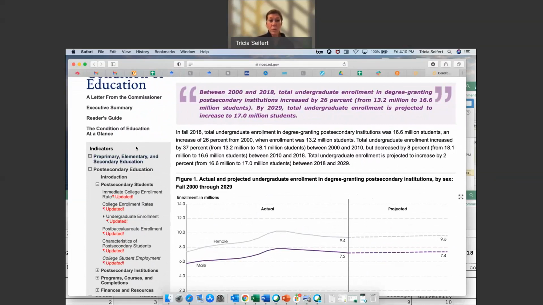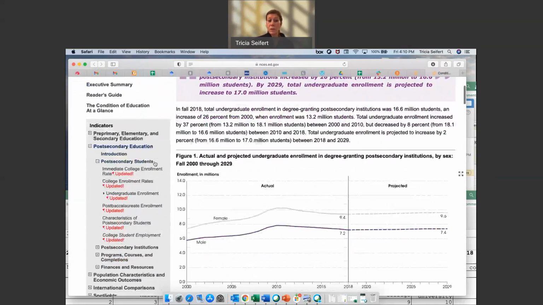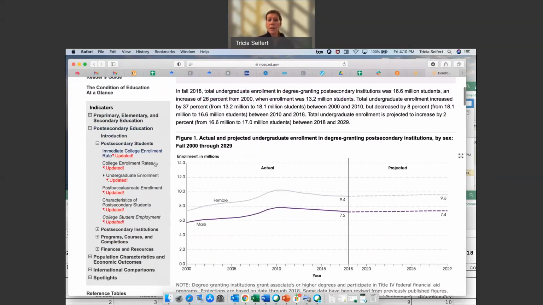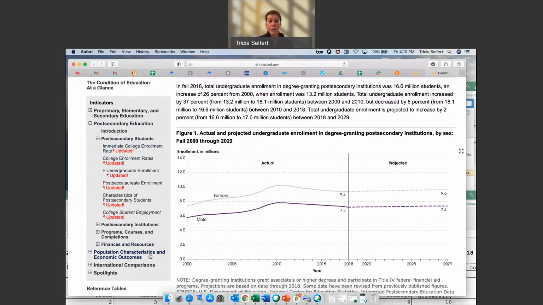So we start with primary, elementary, and secondary education. And then we move into post-secondary education. Again, we have population characteristics and economic outcomes and international comparison. So there's some real crossover and similarity with the digest of education statistics tables.